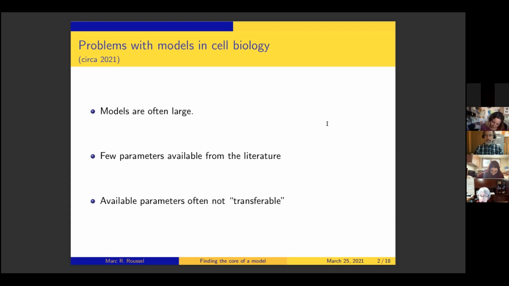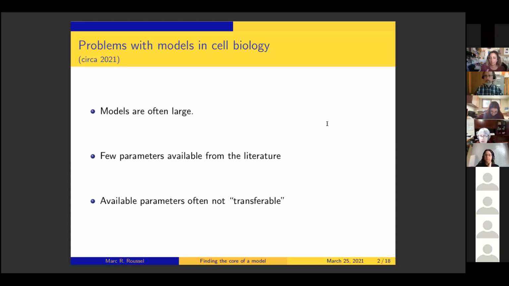There are some good databases out there that contain some stuff. Enzyme kinetics in particular is not too bad that way. But even then, if we can ever get somebody from Santiago Schnell's group to come join us sometime, they'll tell you that the kinetic parameters are so dependent on the conditions within the cell that often measurements in vitro tell you almost nothing about what happens inside the cell.